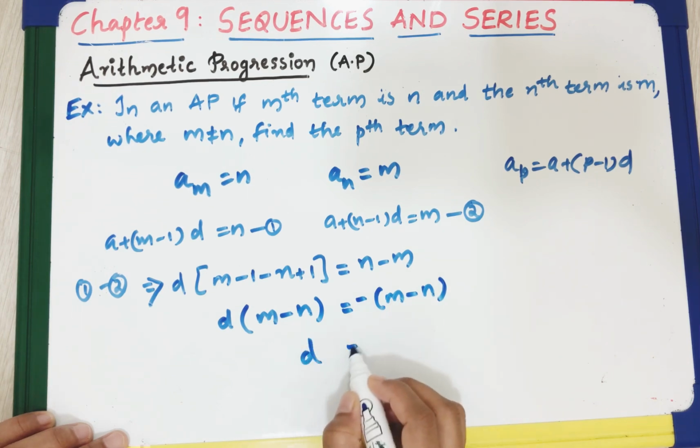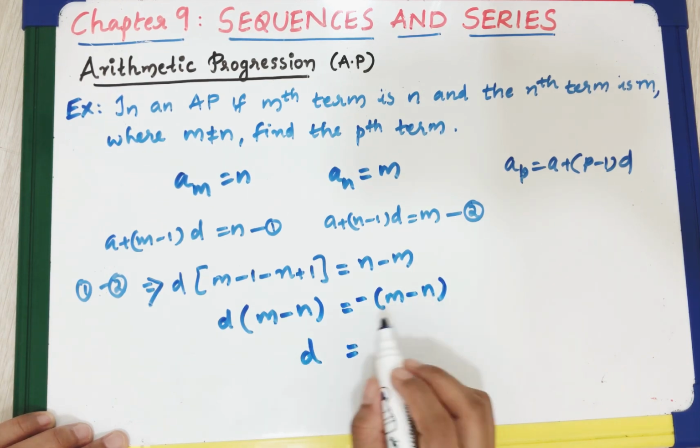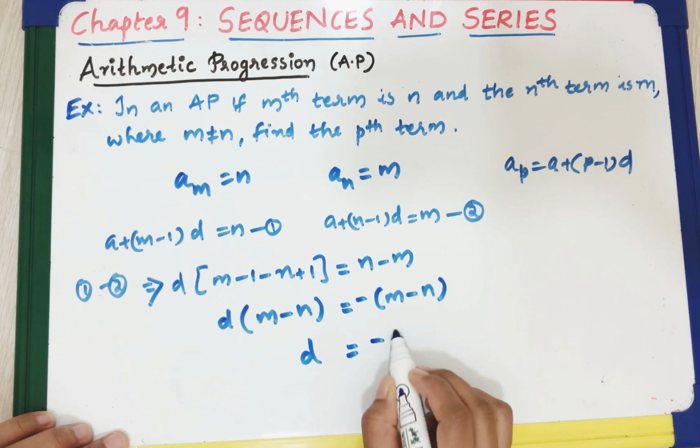Therefore, d is equal to minus of m minus n divided by m minus n, that is minus 1.